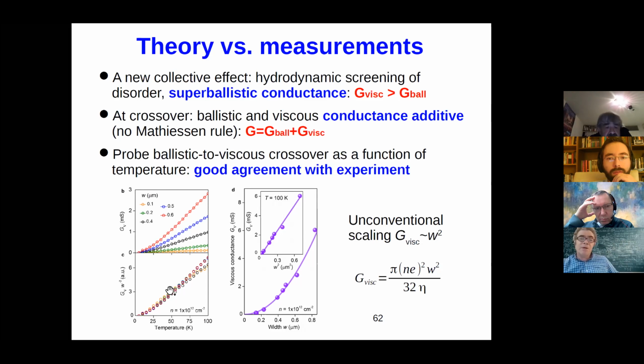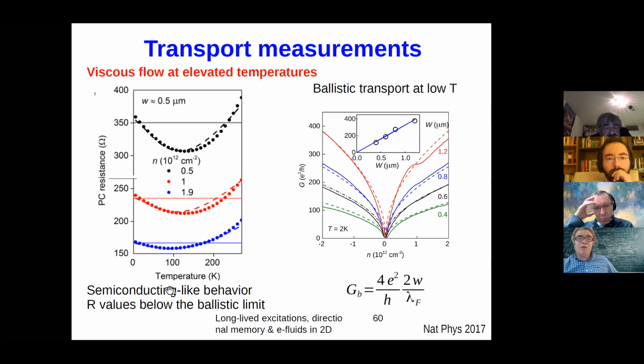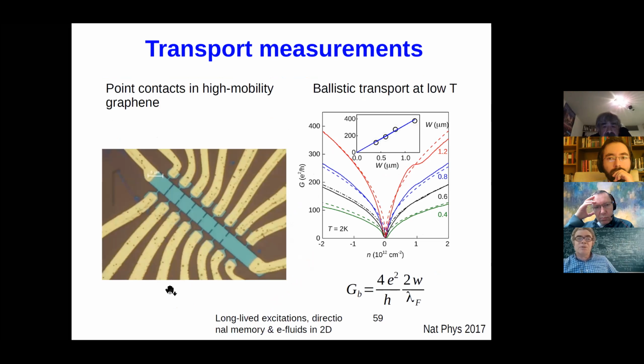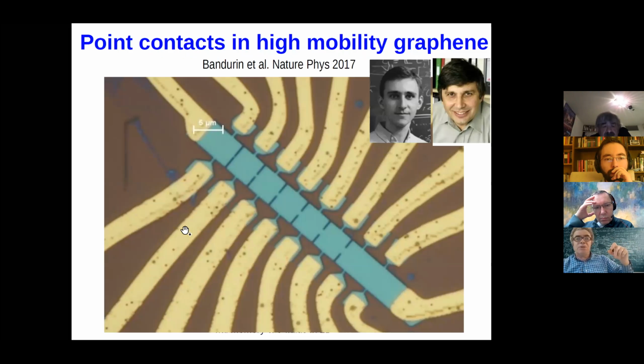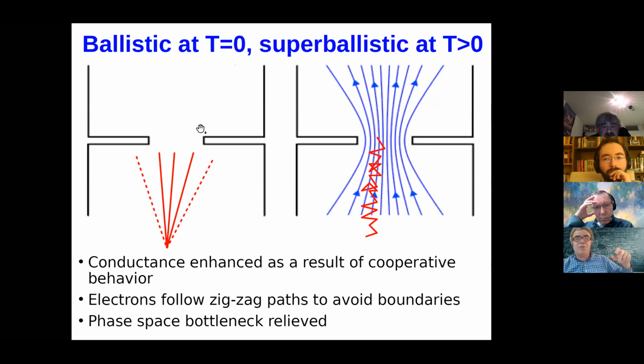For example, this experiment measured conductivity over a narrow constriction carved in graphene, and they see all the behavior that is expected based on hydrodynamics.